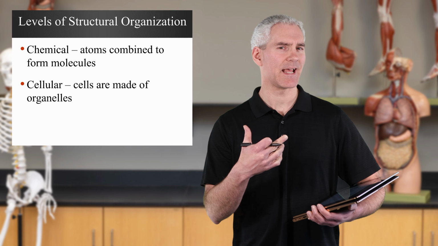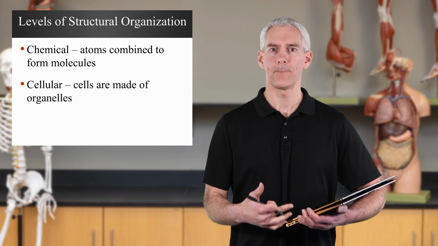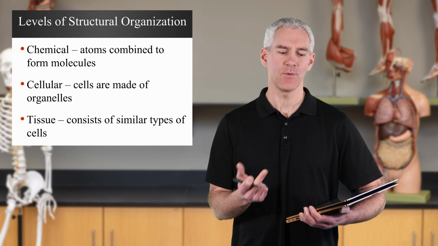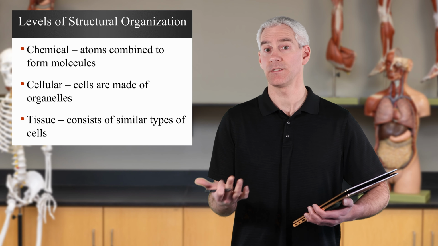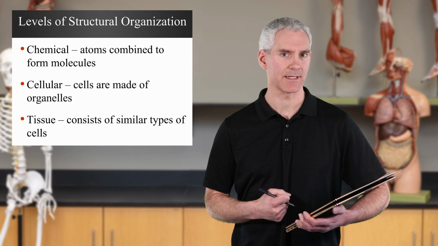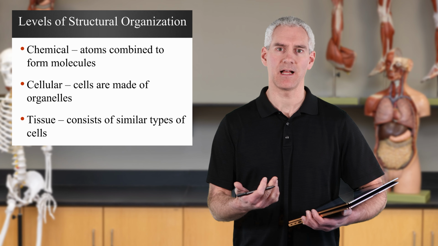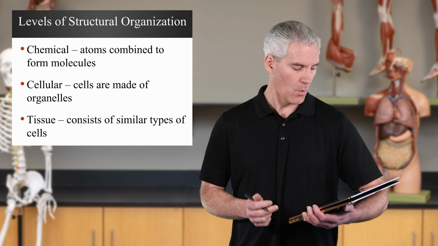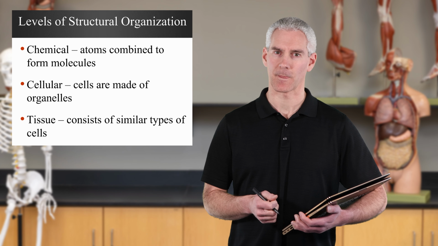But now, take these cells, start building them, putting them together, and you end up with the tissue level. Tissues, well, that's all the different histology that makes up your body. When you start looking at what a tissue or histology is in this case, we're looking at similar types of cells coming together.